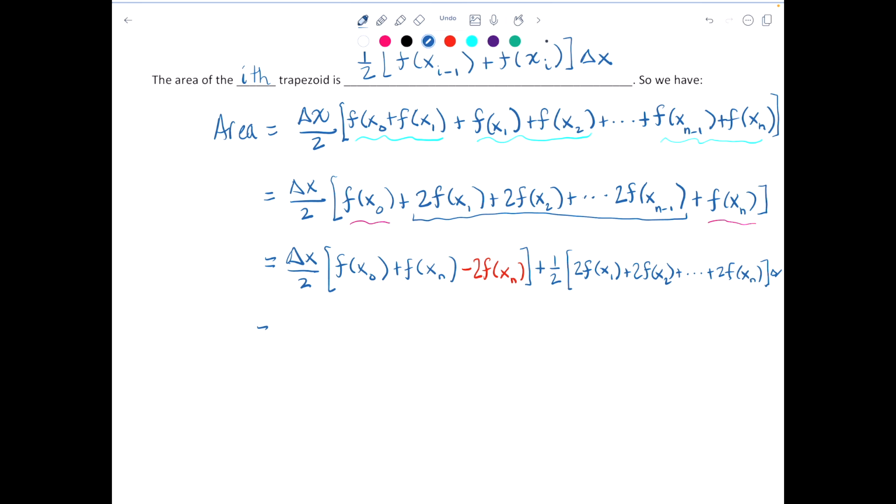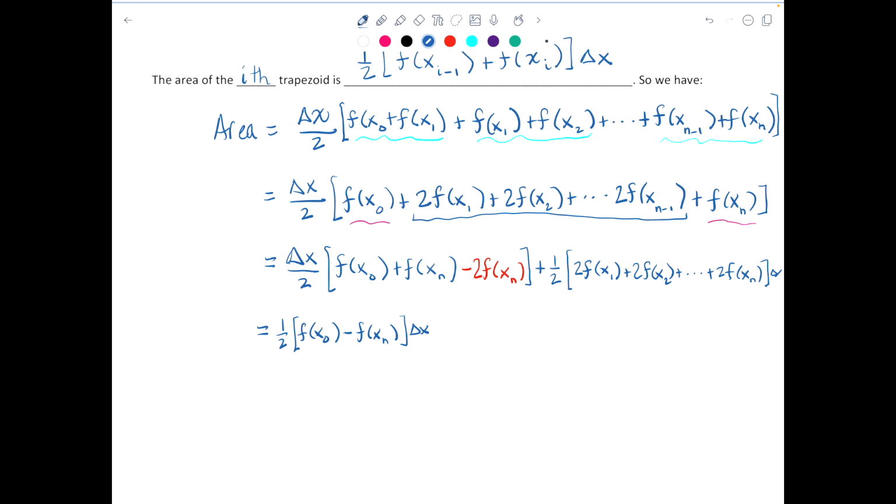So now we will have 1/2 times f at x0 minus f at xn when we simplify times delta x.